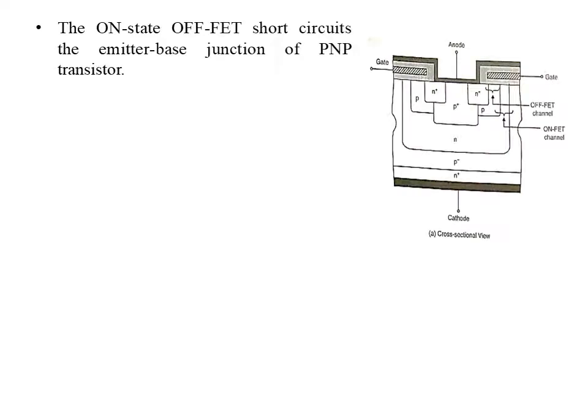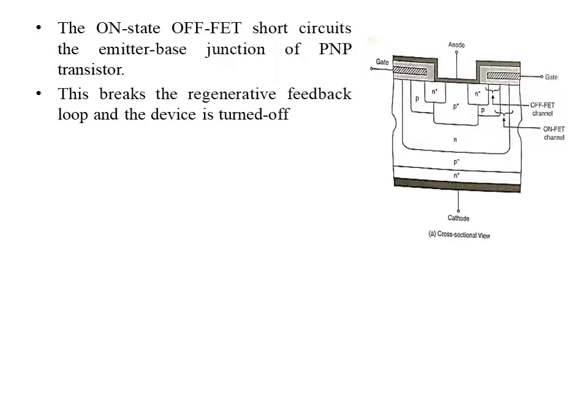The on state of off FET short circuits the emitter base junction of PNP transistor. So when off FET is turned on, it shorts the emitter base junction of PNP transistor. Thus, it breaks the regenerative loop which was created when we applied a negative gate voltage.